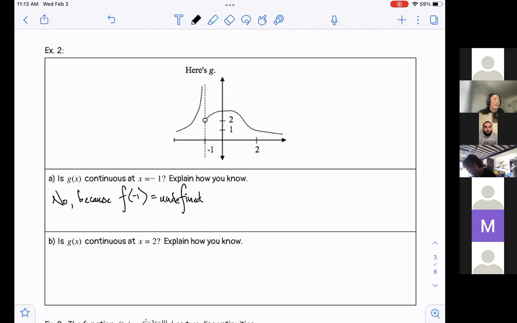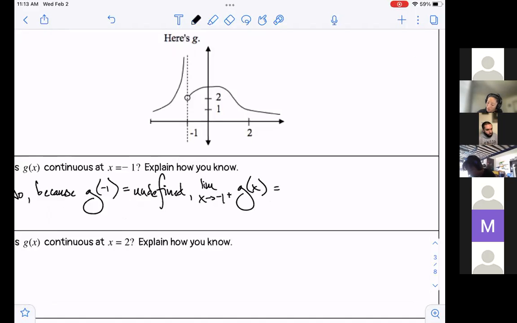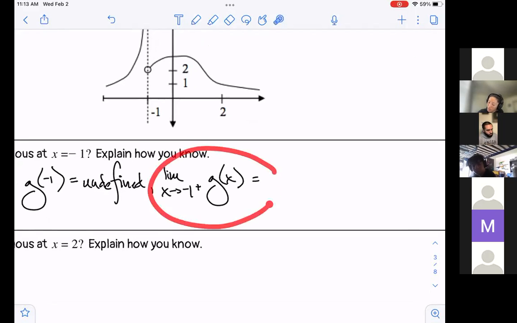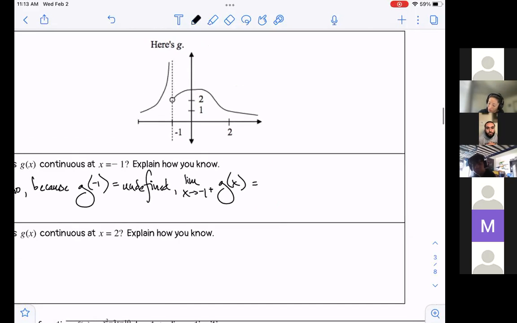All right. What about this? Limit, we switched letters. My apologies. What would be the answer to this question? I see a lot of 2's.